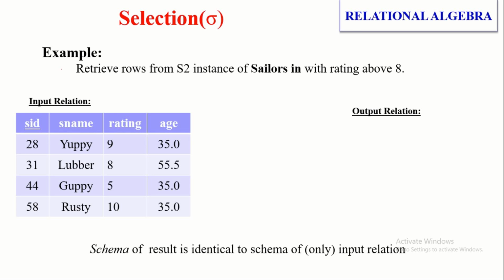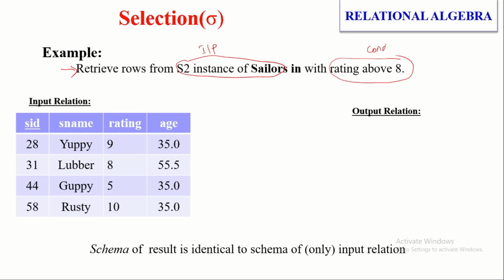The query taken for explaining the selection operator is: retrieve rows from the S2 instance of sailors in which rating is above 8. What is the input table? The S2 instance of sailors is the input table. What is the condition? Rating must be greater than 8.